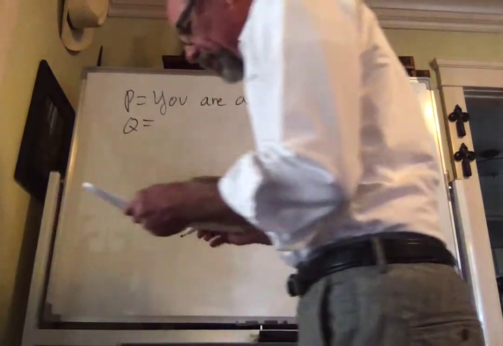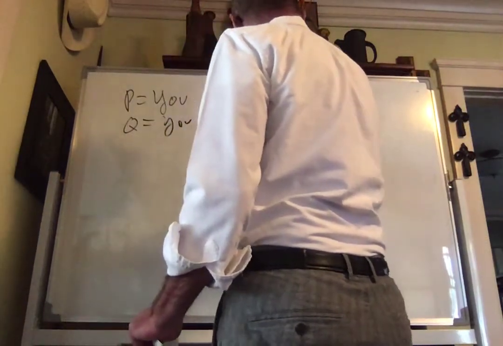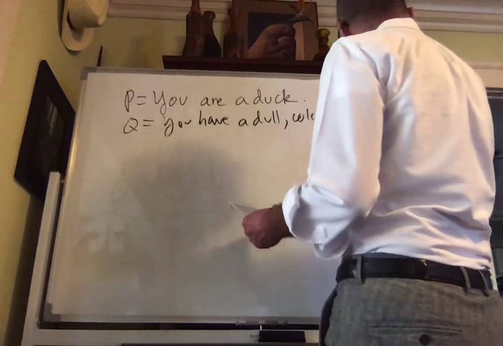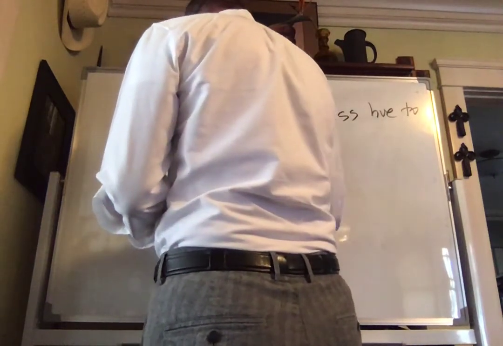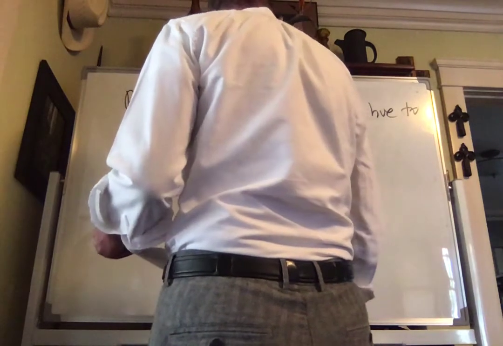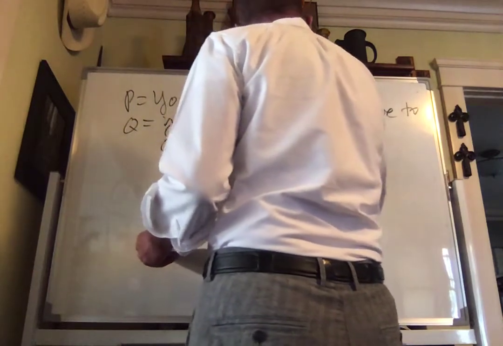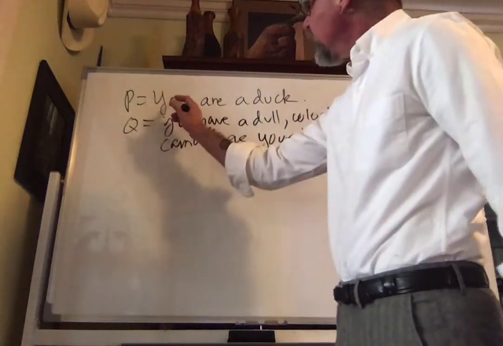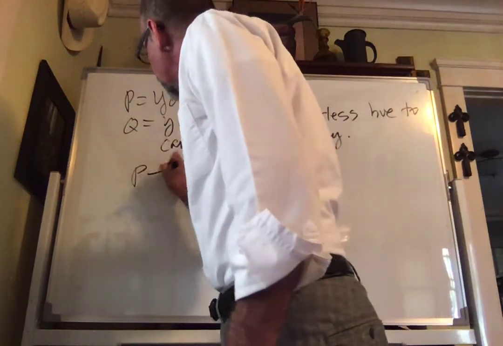And then the second could be you have a dull colorless hue to camouflage your body. Understanding that first premise conditionally, that would mean if you're a duck, then you have a dull colorless hue to camouflage your body. So P, arrow, Q.